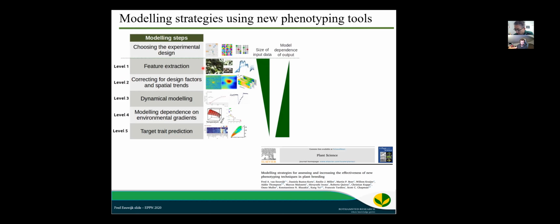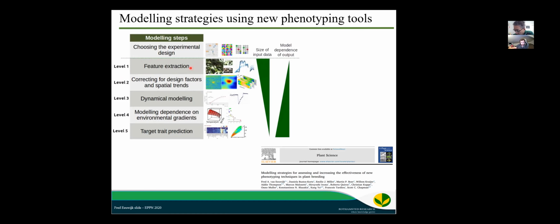Again, if you're using phenomics, you have to do all this feature extraction, and this could be time consuming. And we really don't know what's going on in the methodologies, machine learning, what they're doing with this characterization, but it could take time. And especially if you have many environments in a breeding program, you can have plenty of entries and environments as well.